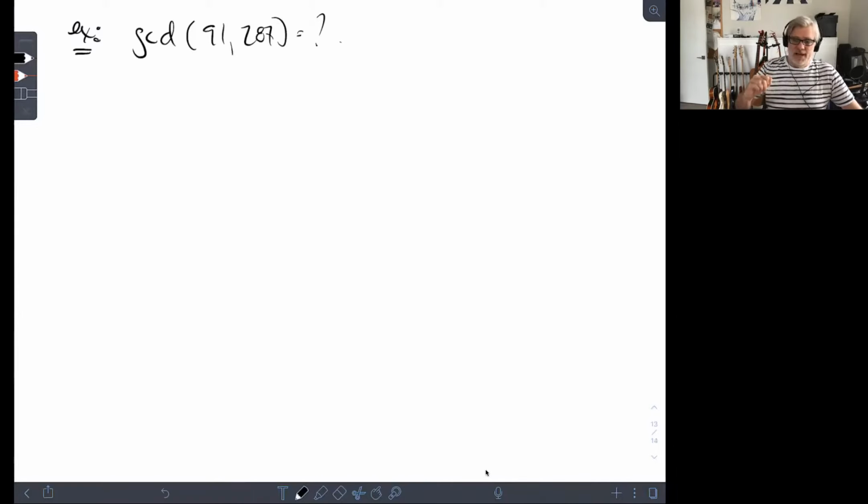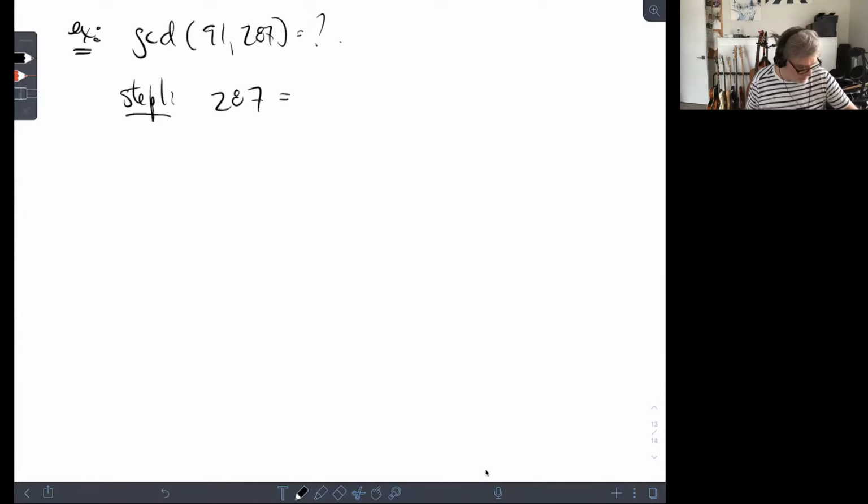So here is an example of how to use this. Okay, so I'm going to find the GCD of 91 and 287. Observation says that if I use the division algorithm, so step one, I'm going to write 287 and divide by 91.